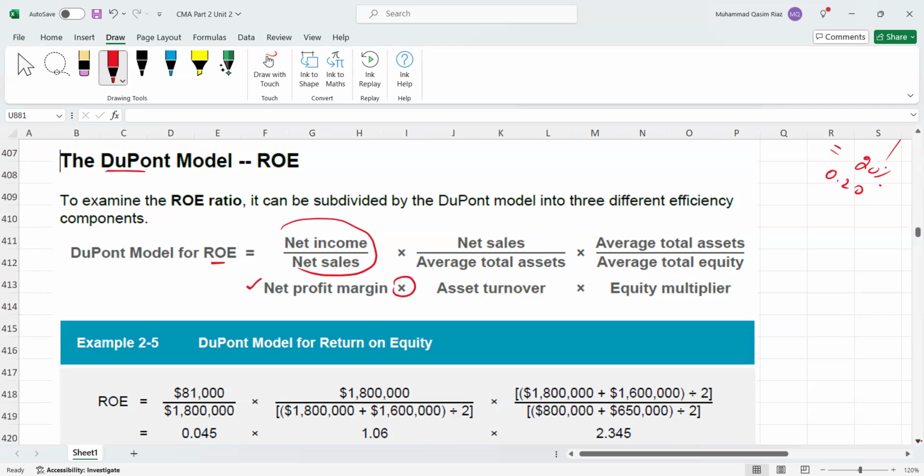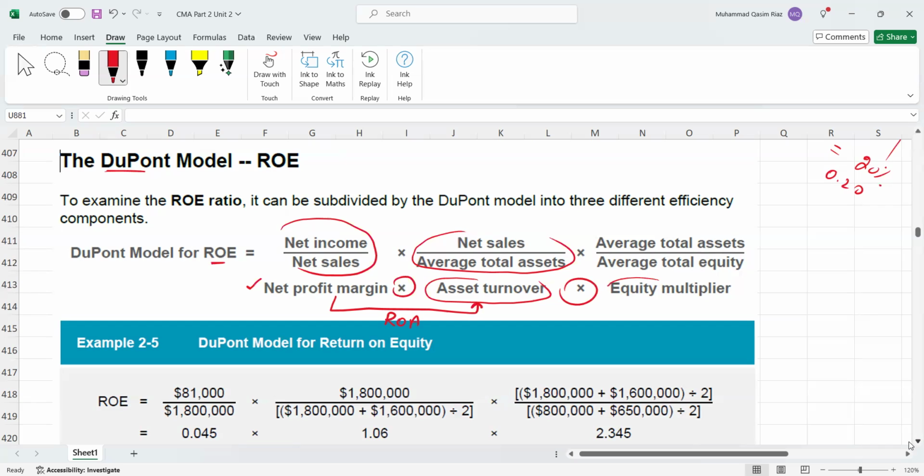Multiply by asset turnover ratio. Asset turnover ratio, I also told you already how to calculate it: net sales divided by average total assets. By the way, when you multiply net profit margin with the turnover, this is called return on asset, right? So this return on asset, you are going to multiply with what?